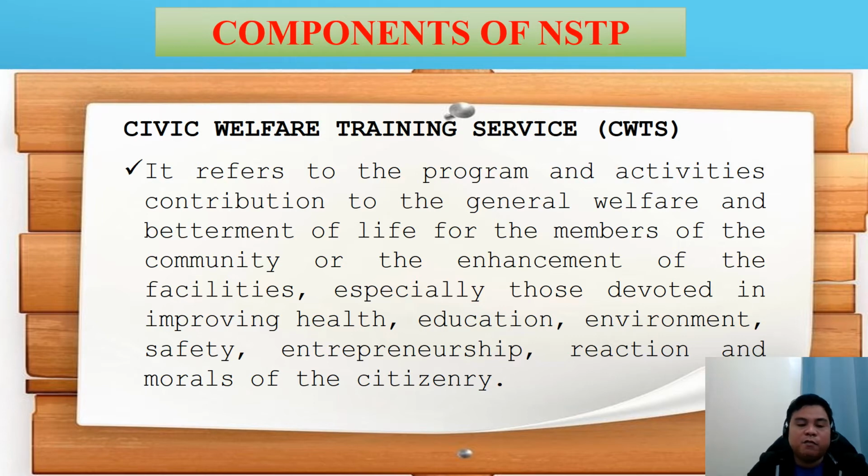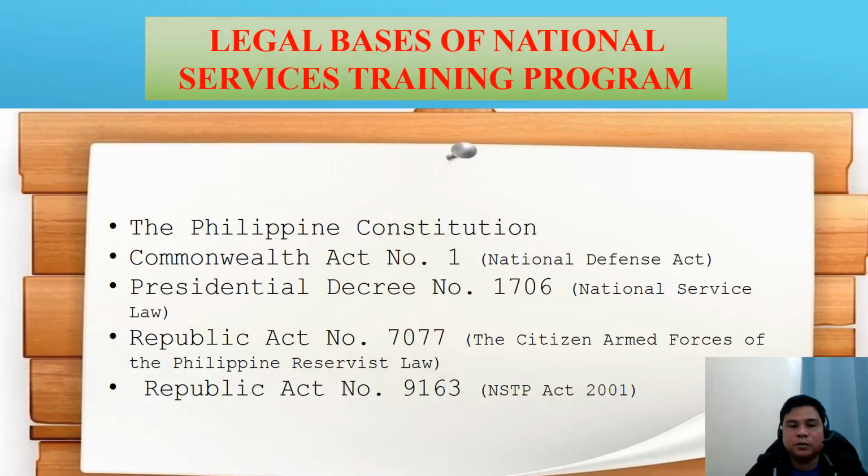and business sectors. We have five legal bases of the National Service Training Program. First, the Philippine Constitution. Second, Commonwealth Act Number 1, also known as the National Defense Act. Third, Presidential Decree Number 1706, also known as the National Service Law.